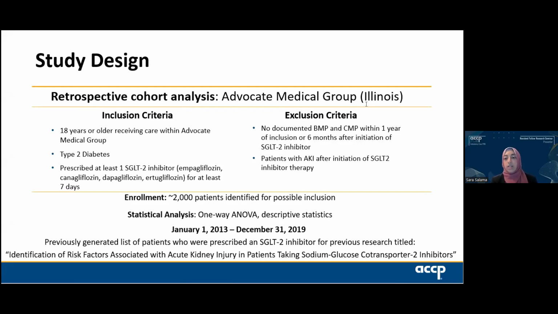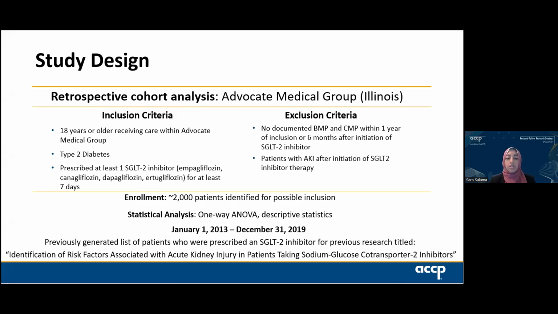In contrast, patients were excluded from our study if they had no documented BMP or CMP within 1 year of inclusion or within 6 months of initiating SGLT2 inhibitor therapy. They were also excluded if they had an AKI or developed an AKI shortly after initiating therapy.